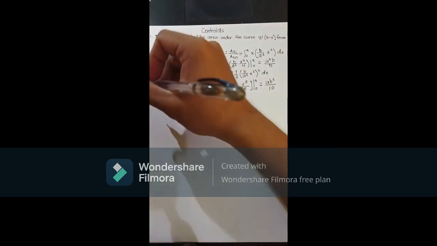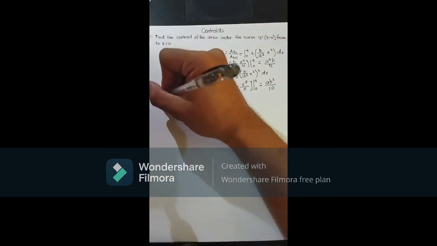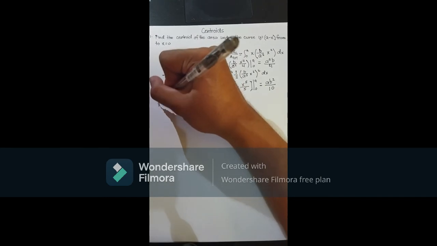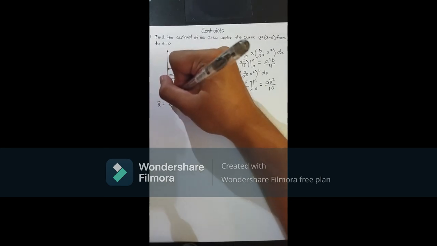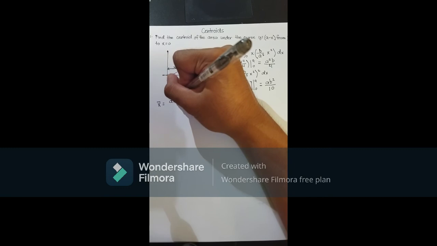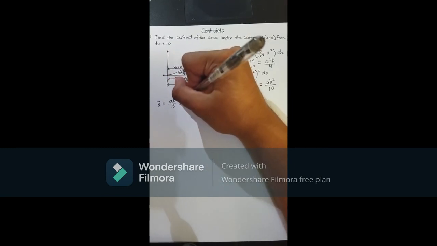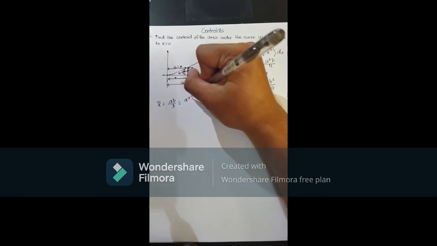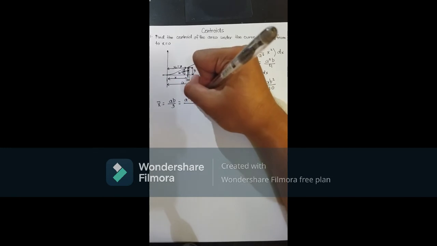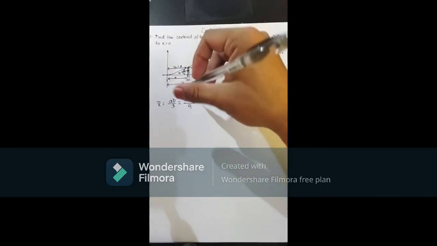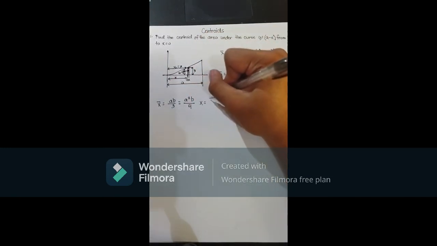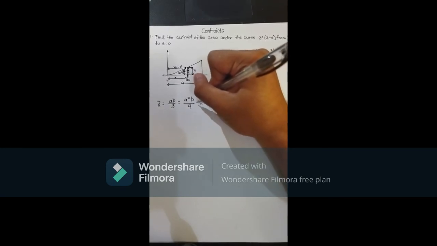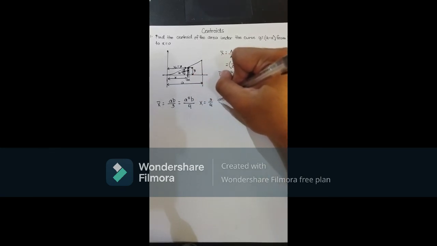Now let's evaluate. So x mean times ab over 3 is equal to a squared b over 4. So x is equal to 3/4 a.